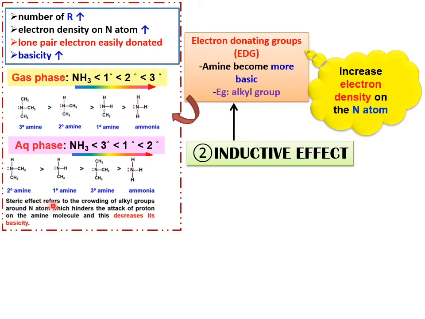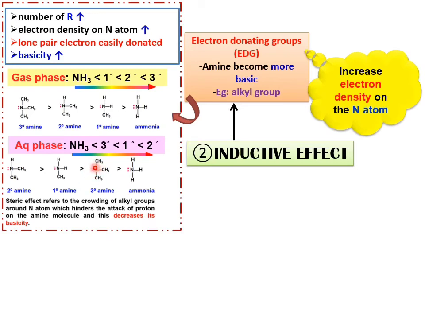Steric effect refer to the crowding of alkyl group. So tengok tertiary kita tahu dia ada more alkyl group on nitrogen atom. So dia menyebabkan dia ada greater steric effect which hinder the attack of proton on the amine molecule and this decrease its basicity. Kenapa? Sebab 3 alkyl group yang ada pada nitrogen atom in tertiary amine dia melindungi.